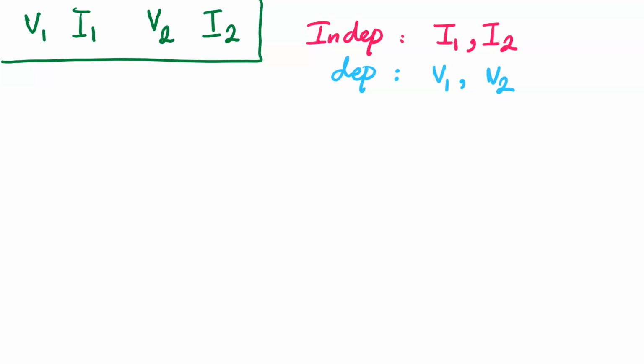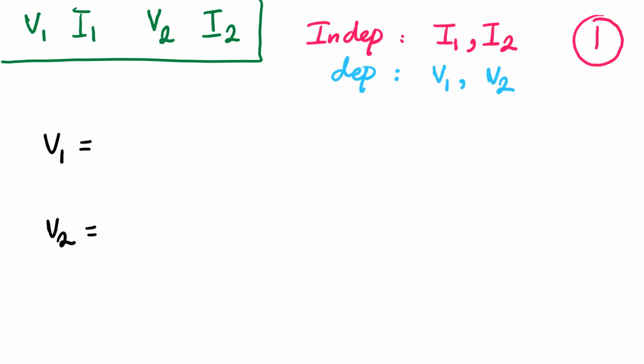So here we are talking about our first modeling approach. Here I need to describe my dependent variable, which is V1 and V2, in terms of I1 and I2.